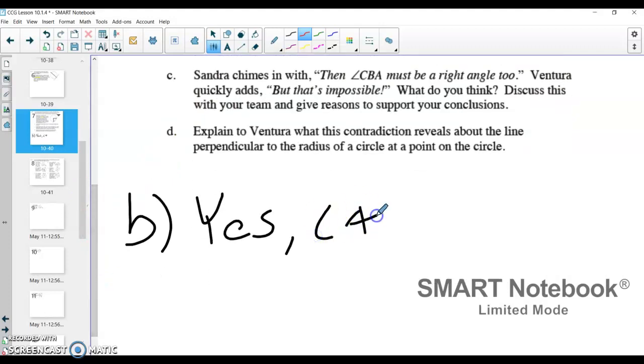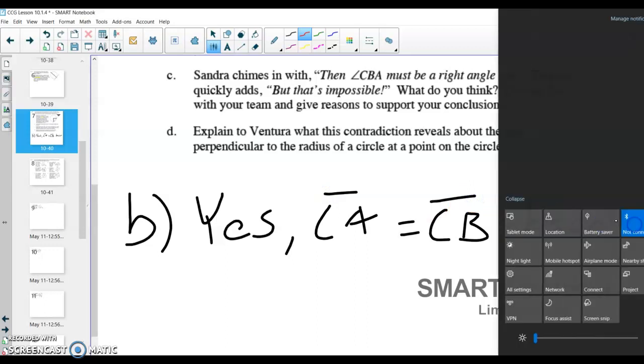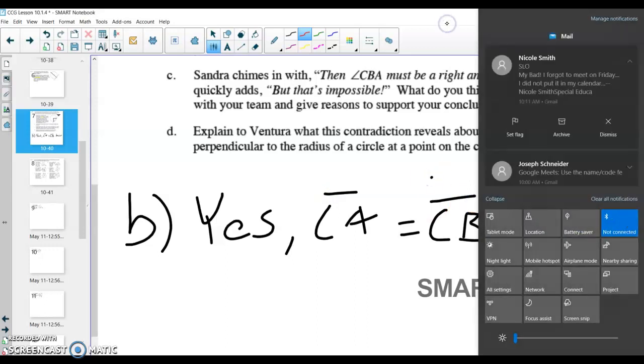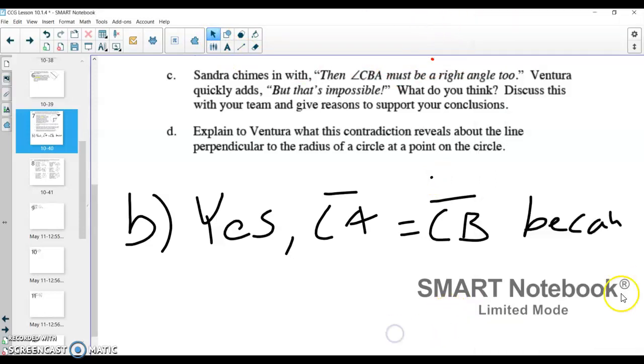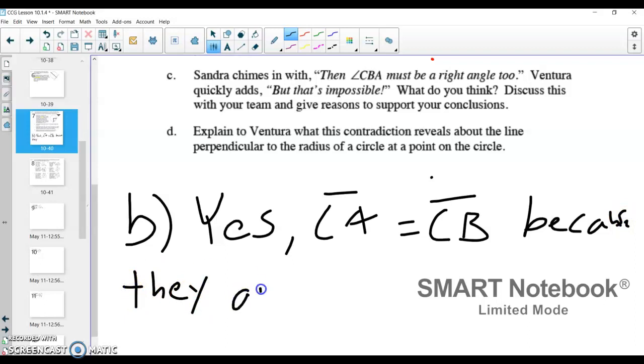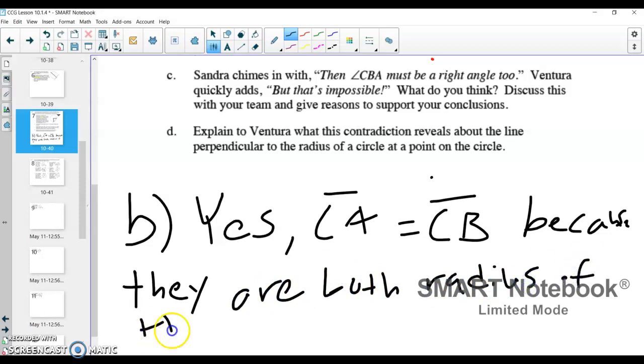Yes, CA is equal to CB because they're both radiuses of the same circle. Okay.